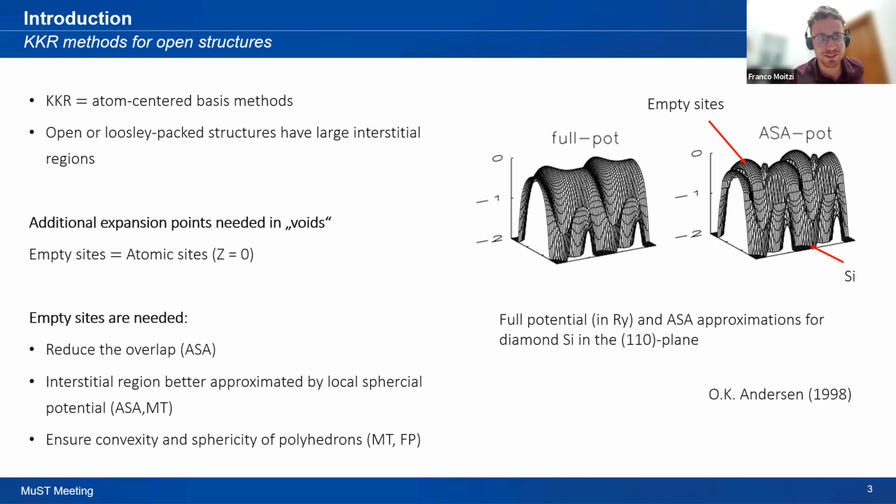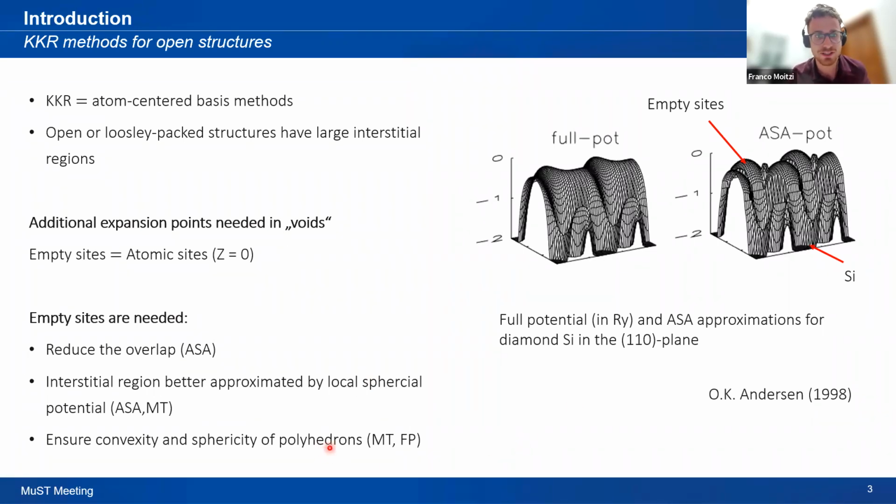So to summarize, basically we need these empty sites. First of all, if you just do very simple ASA calculations, to reduce the overlap. We also need them to approximate the potential in the interstitial regions better by some local spherical potentials.